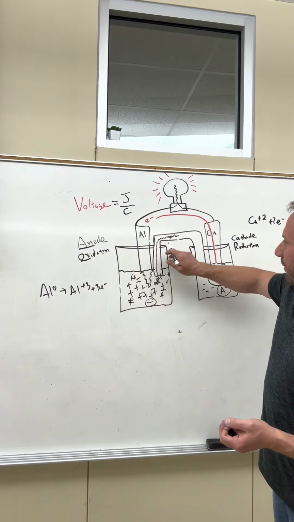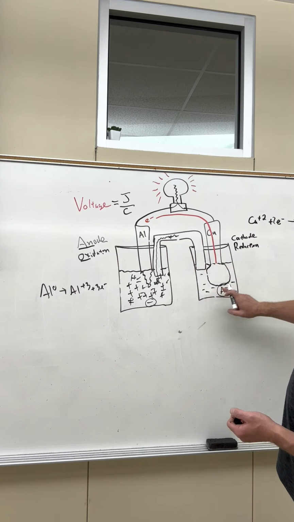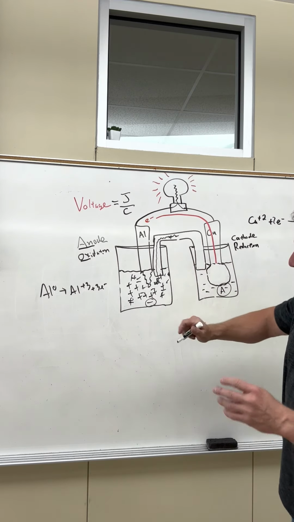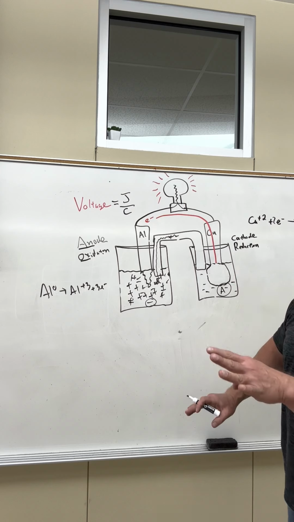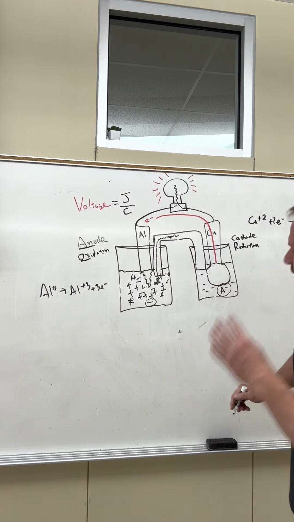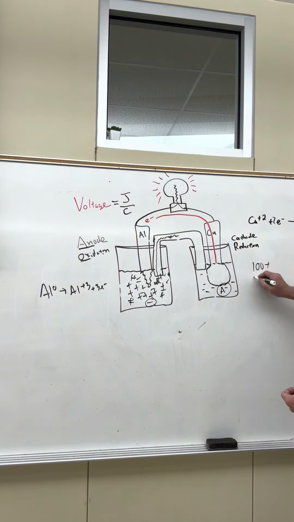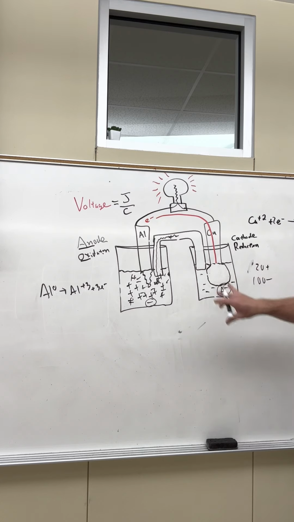Woohoo! What happens over here? As the net negative charges build up over here, we're not adding negative charges, we're just taking away positives. So imagine if I had 100 positives and 100 negatives, we'd say the solution is neutral. But now imagine if all of a sudden after a while I have 20 positives and 100 negatives, we say the solution is now negative.